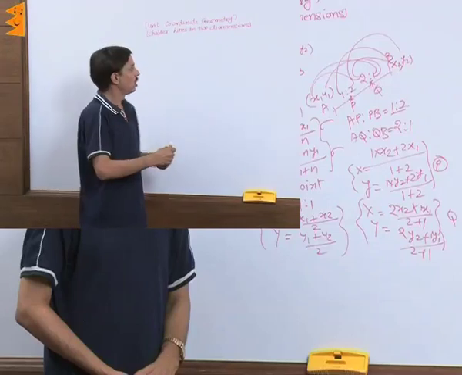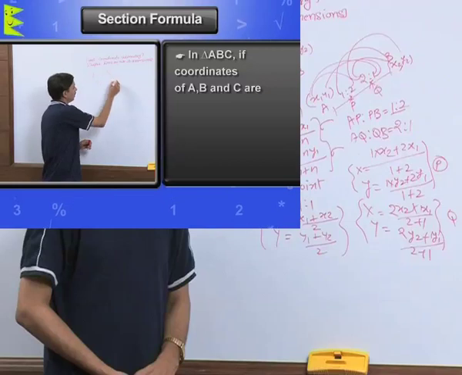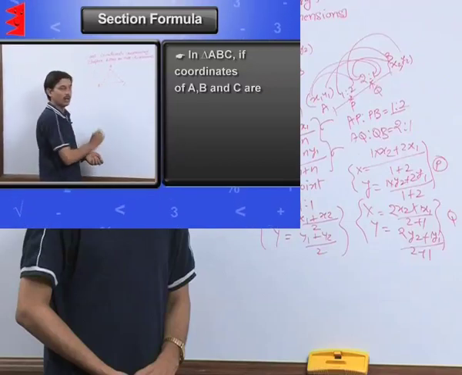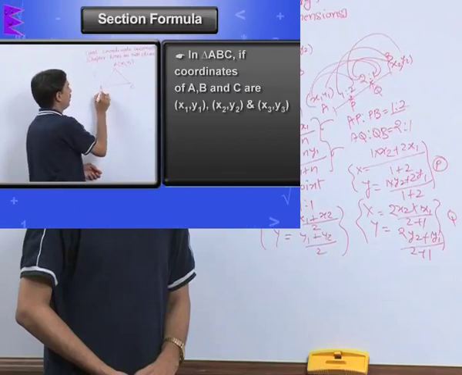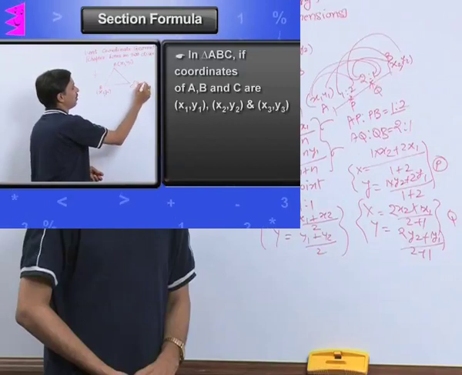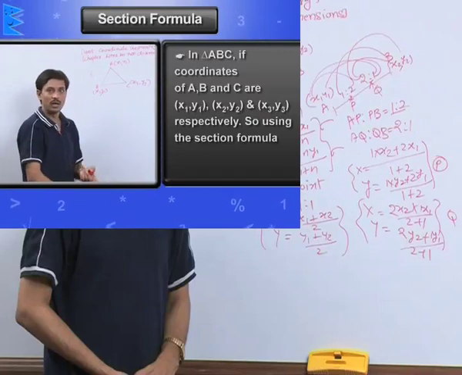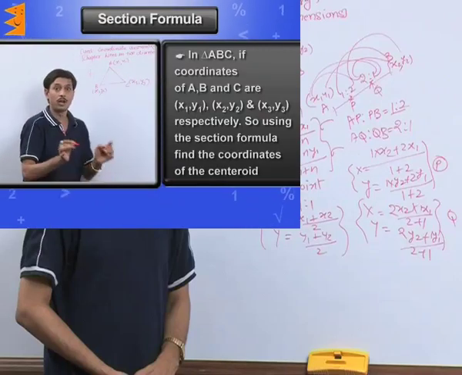The question is, if the triangle is like this, A, B, C, the coordinates of A are x1, y1, B x2, y2 and C x3, y3, using the section formula, find the coordinates of the centroid.